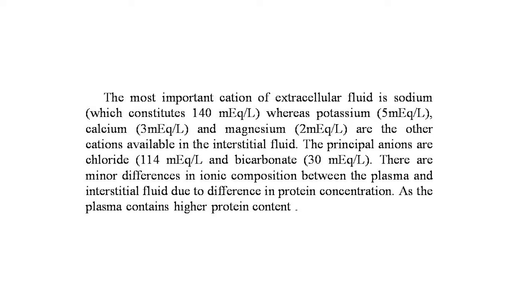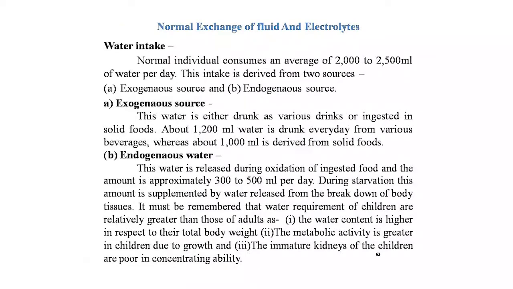There are minor differences in ionic composition between the plasma and the interstitial fluid due to differences in protein concentration, as the plasma contains higher protein content and organic anions, so the total concentration of cations is higher in plasma than in the interstitial fluid.